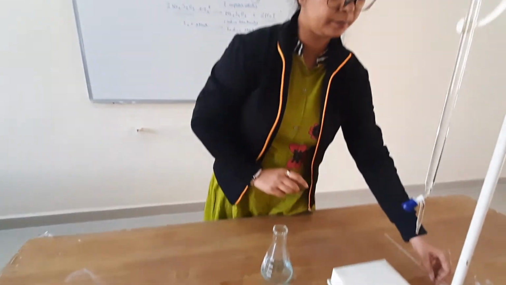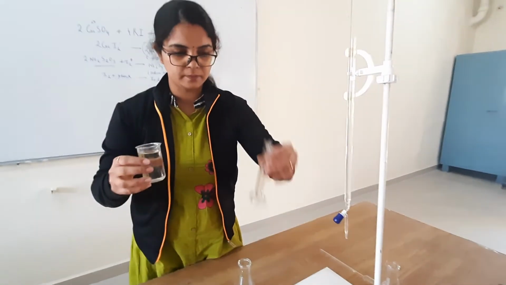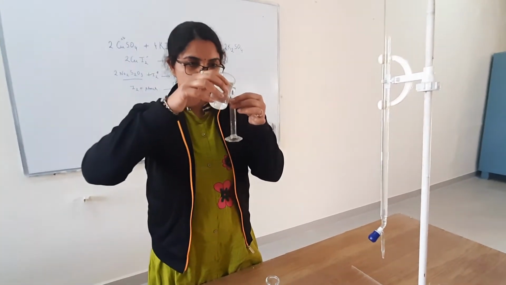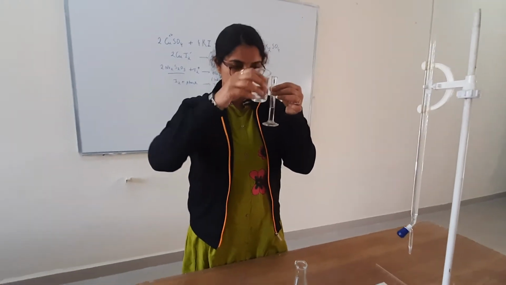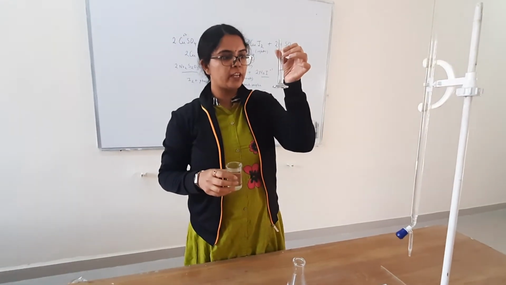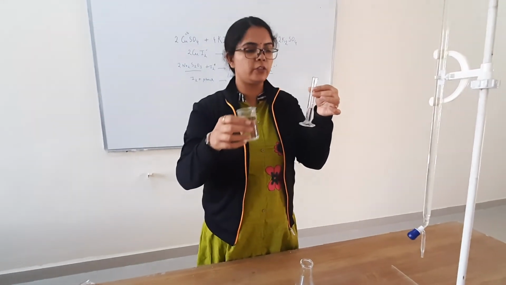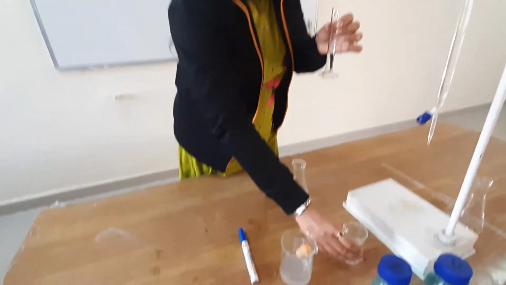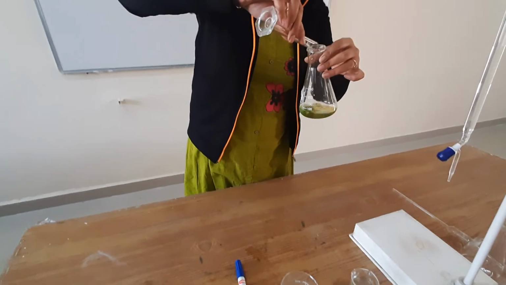To this I am adding 5 ml of 10% KI solution using this measuring cylinder. Your 5 ml should be very precise, otherwise you will have an excess amount of iodine. So I have taken 5 ml of KI solution and am adding it to the copper sulfate solution.